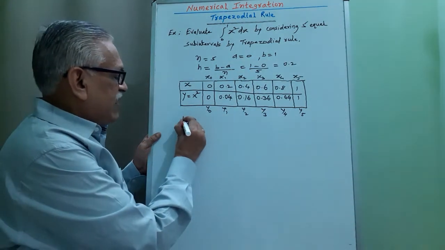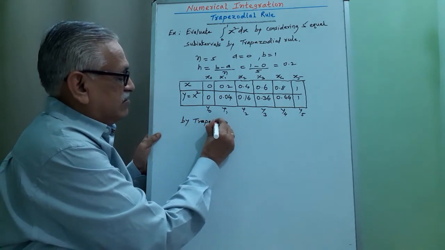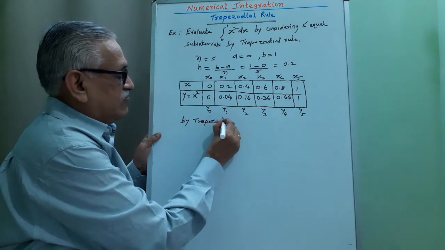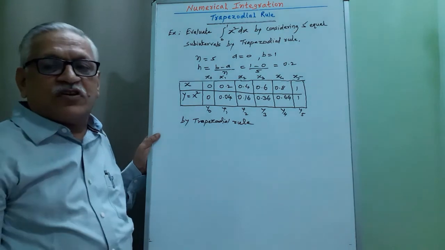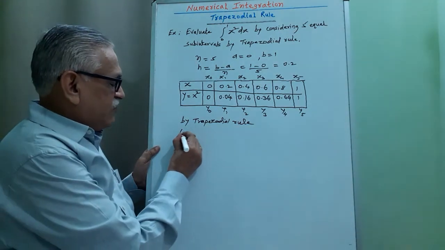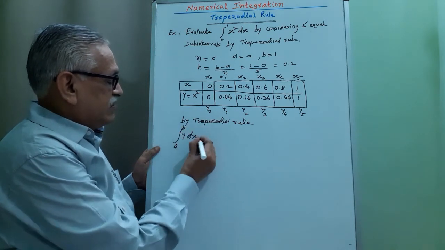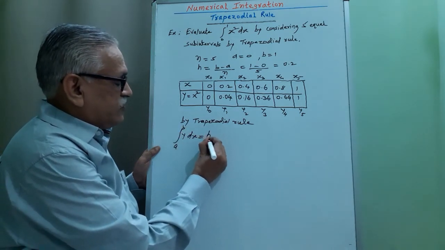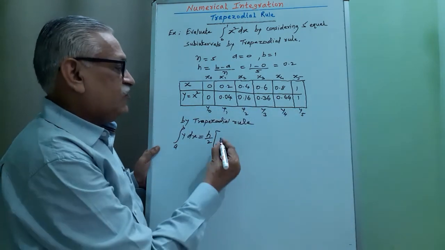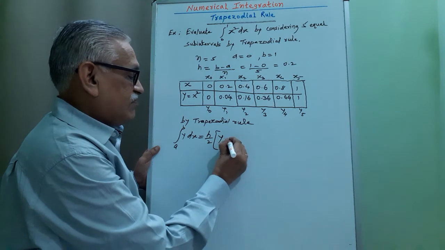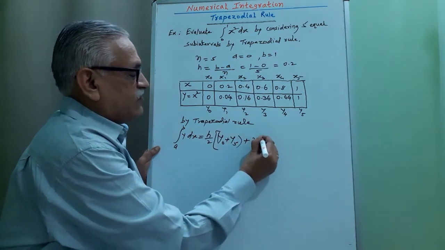Then by trapezoidal rule, integration of y with respect to x between limits a to b is equal to h by 2, here y0 plus last value y5, plus 2 times remaining values.